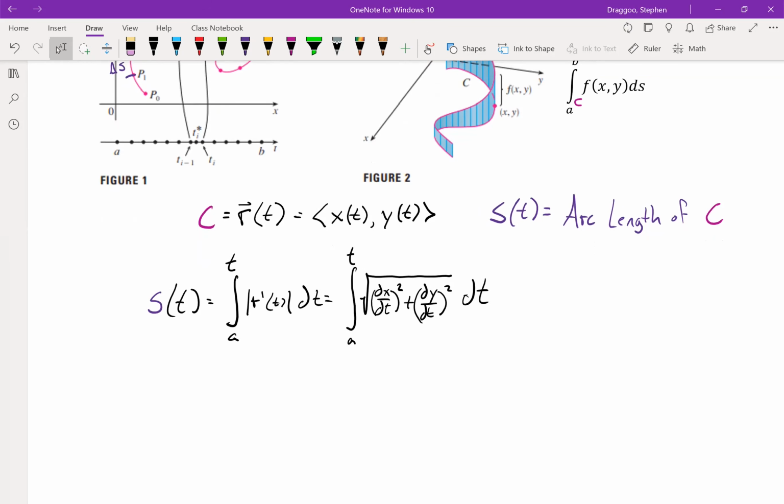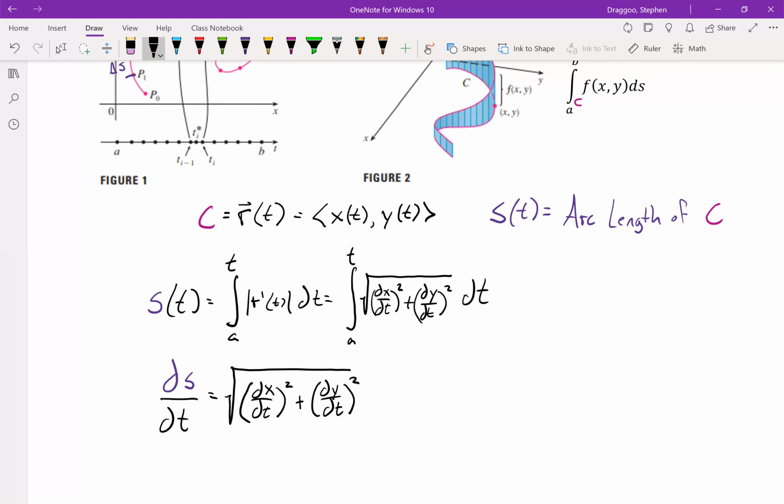So if that is the arc length, s, the derivative of the arc length should be ds over dt. We've seen this before from the fundamental theorem of calculus. This should just be the square root of dx over dt squared plus dy over dt squared.